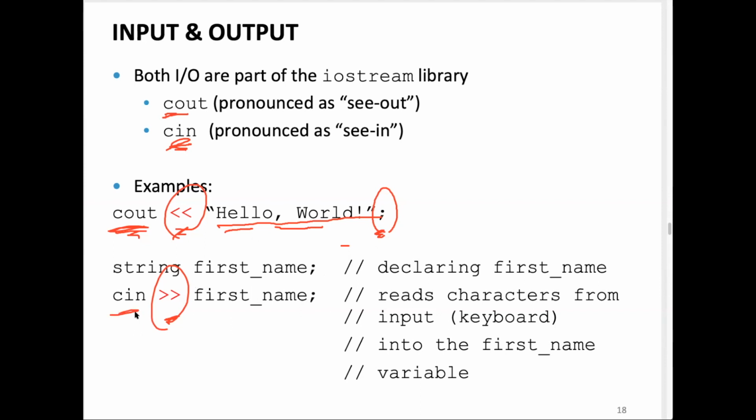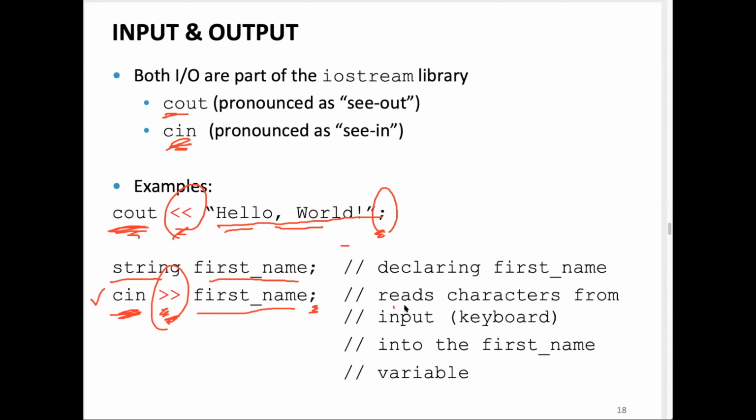Here, there's a cin. Cin is the characters in. So what you need to do is to declare this variable up front called first name, and this first name will then be populated with the value that you enter at runtime. Cin, when triggered, because this is a statement, is simply going to pause the entire execution of your code, waiting for user input. You'll notice in your console application that the cursor simply stays at the line where this cin is called or invoked.